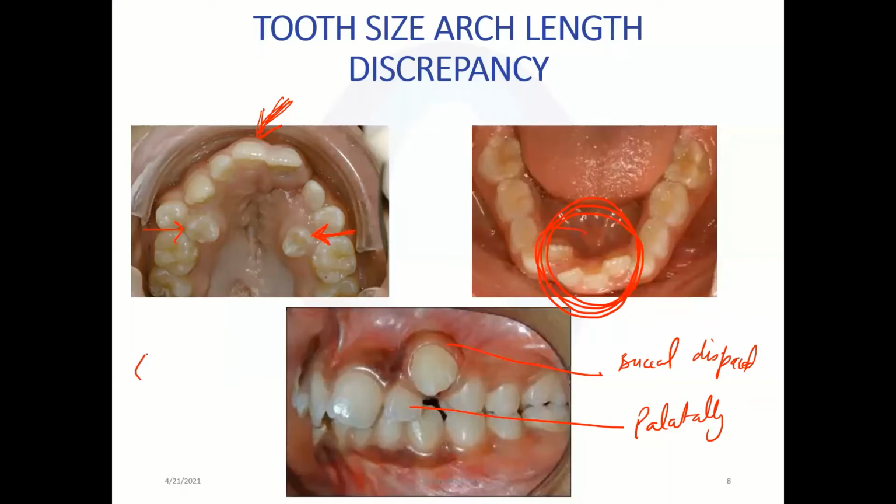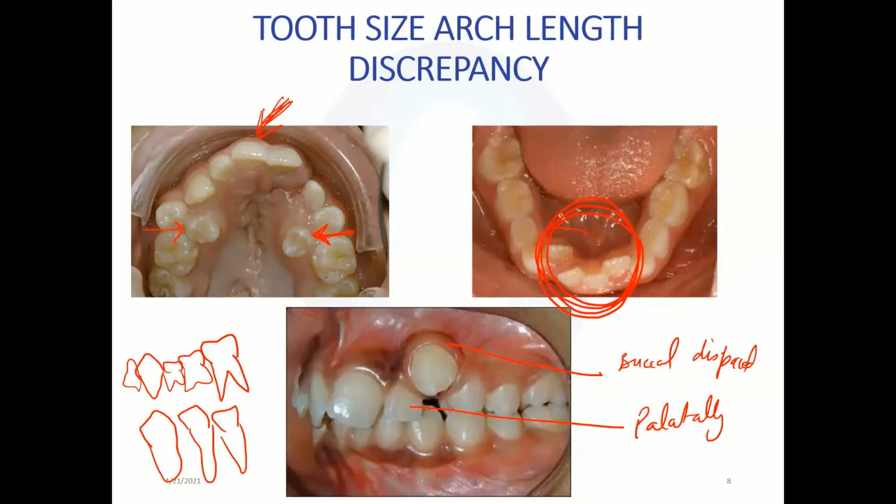If you remember, there was a primary canine, a primary first molar, and a primary second molar, and behind that there was a permanent molar. I had shown you all this in an OPG. When the permanent canine comes, then the permanent first premolar comes, and then the permanent second premolar comes. So if there is an arch length discrepancy, these two teeth will come in normally, and the last tooth will be deflected.